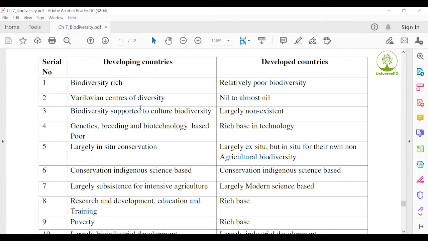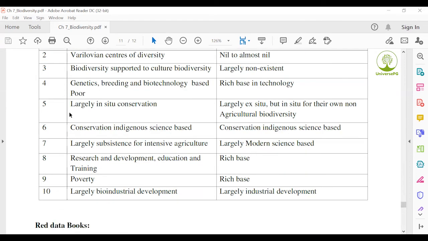Biodiversity status: developing countries face biodiversity risk, but there is relatively poor biodiversity in developed countries. They are very busy with industrialization and commercialization. Centers of biodiversity are nil to almost nil, and there are some points largely on in situ conservation and ex situ conservation.